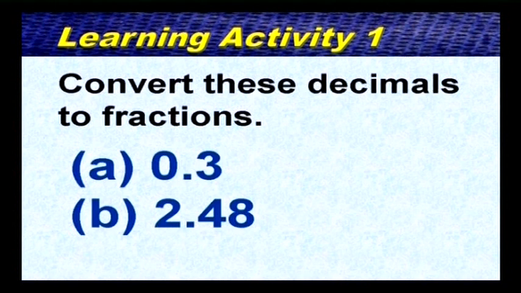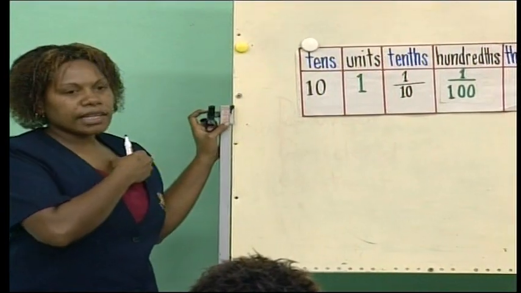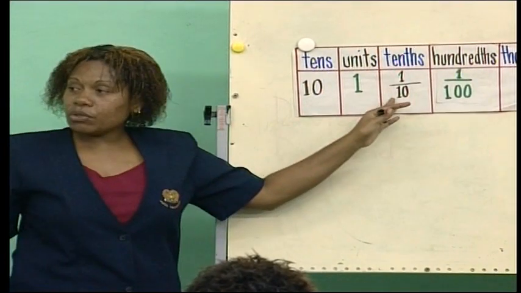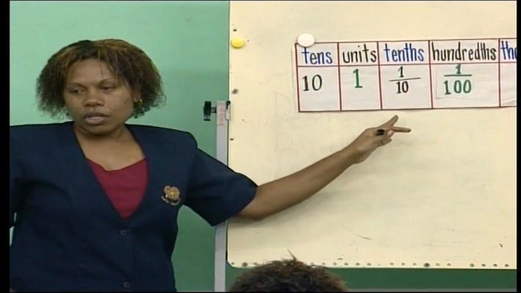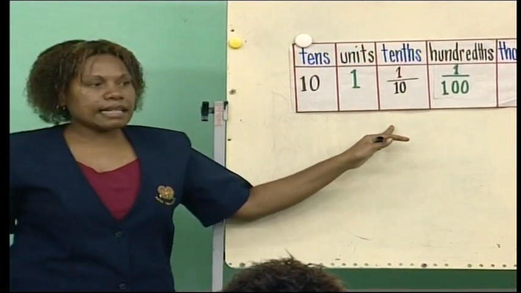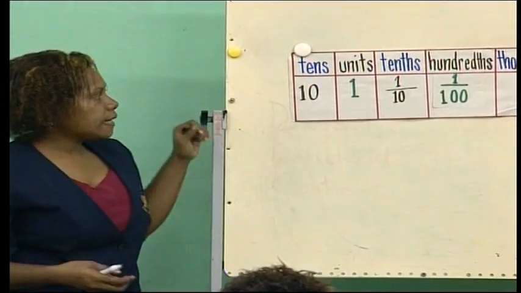You're going to change that decimal number into a fraction. Now using this place value chart, the place value chart will help you to change the decimal number into a fraction.